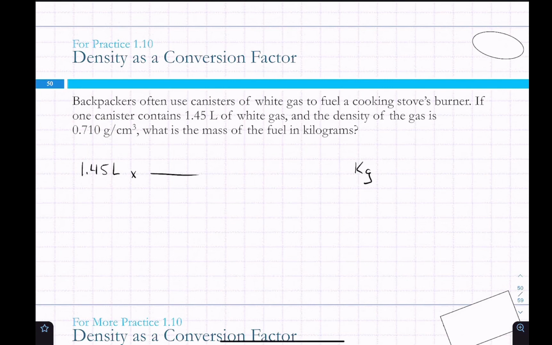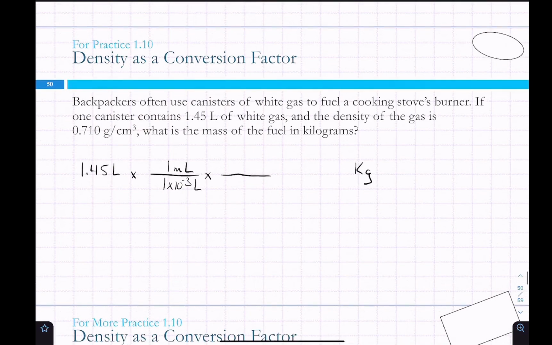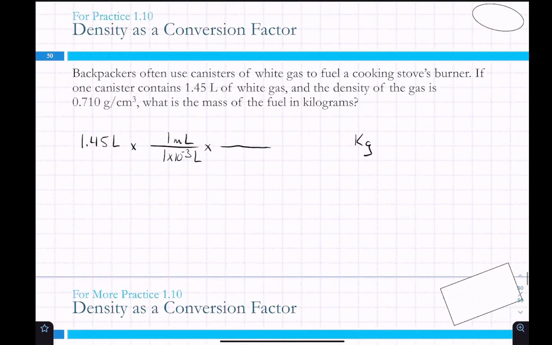I'm going to continue to follow the conventions that I laid out earlier. So 1 times 10 to the negative 3 liters is 1 milliliter. And so then we can go from milliliters into, and this is probably one to memorize, 1 milliliter is equal to 1 centimeter cubed.